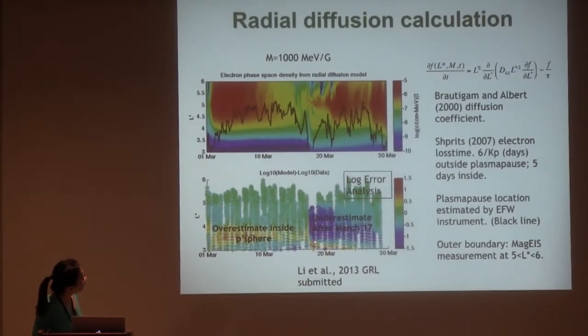And starting on March the 17th, our model starts to underestimate PSD, so it indicates that there's another acceleration mechanism in addition to inward radial diffusion happening during this time. So our question here is whether this process is dependent on energy.